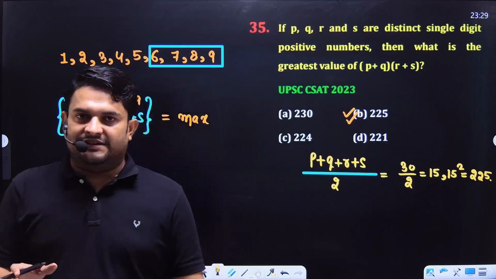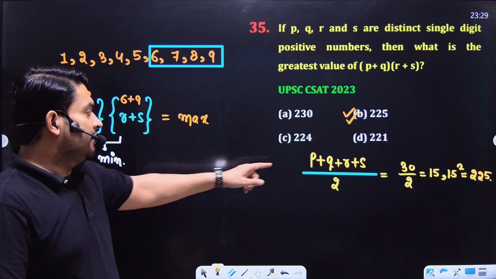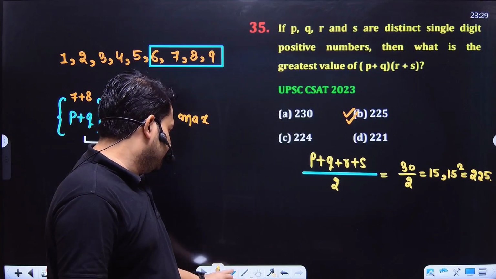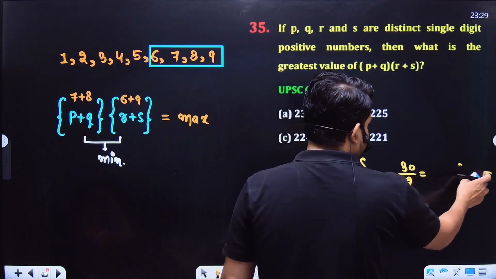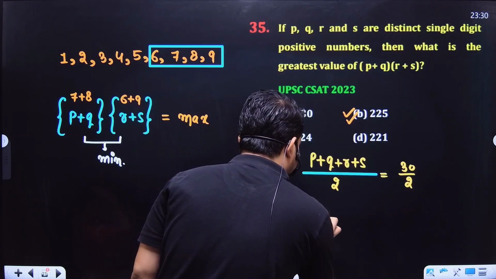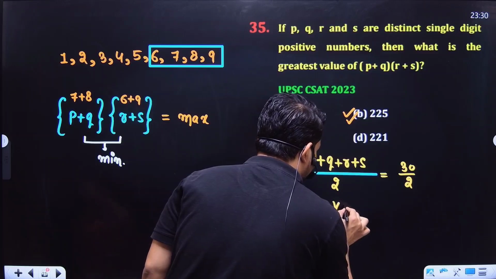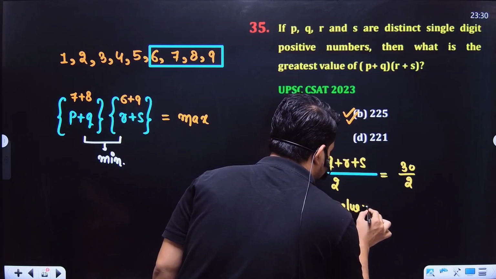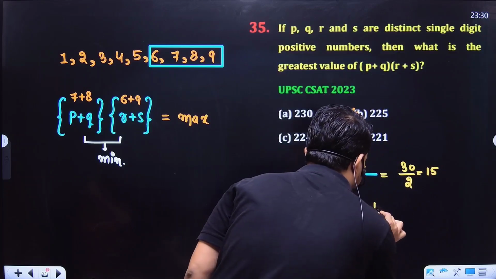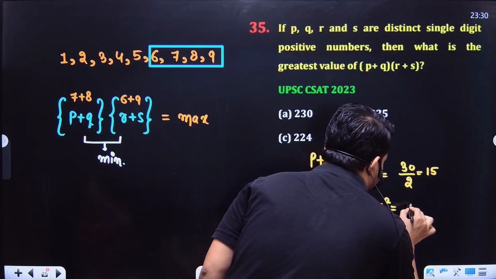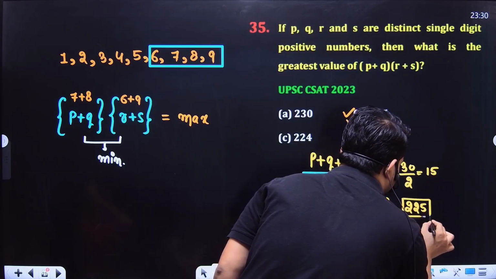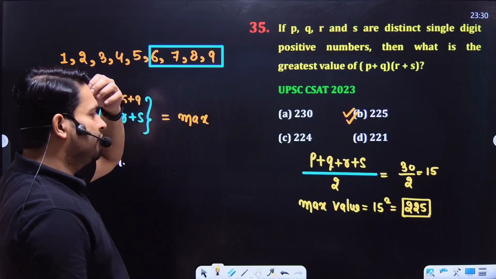But UPSC can do miracles in questions. How? If someone told you that this one is the trick, and the maximum value is equal to 15 square, that is 225, then you will learn this trick.